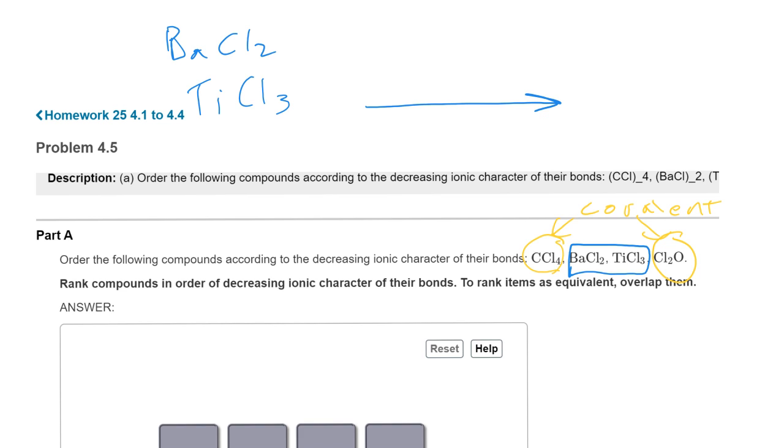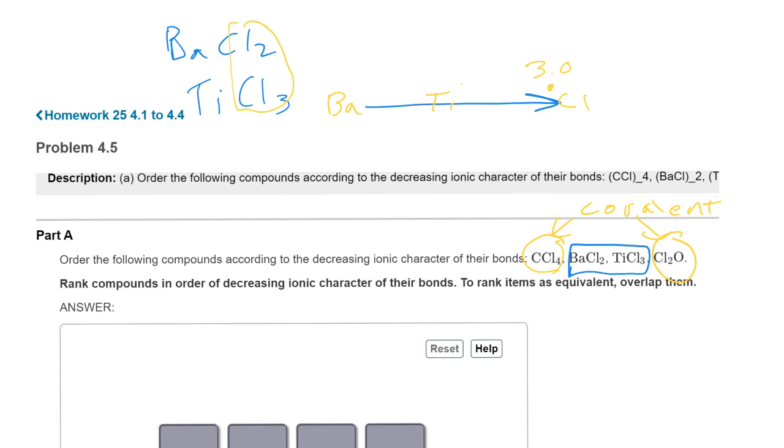So let's take a look. Both of these ionic compounds we're comparing have chlorine as our anion. And chlorine is towards this end of the periodic table, and it's got an electronegativity value of about 3.0. Then we come to barium and titanium. Barium is here, and titanium is here in your transition metals.